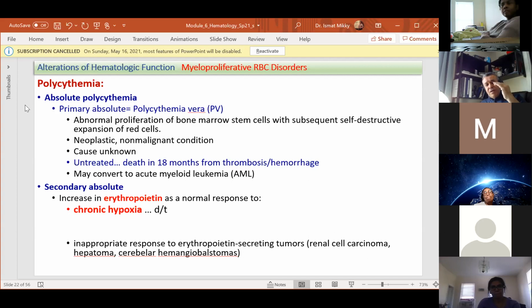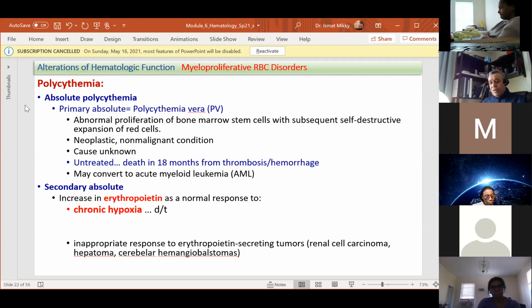So people who live at high altitudes, higher than 10,000 feet above sea level, could develop polycythemia, because it is a compensation for the decreased oxygen, right? And then patients with chronic disease like COPD, especially smokers, or with heart failure.